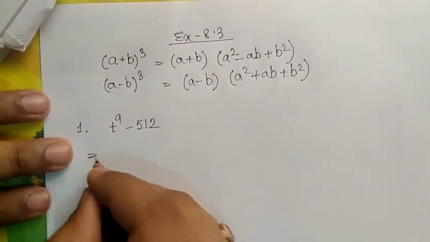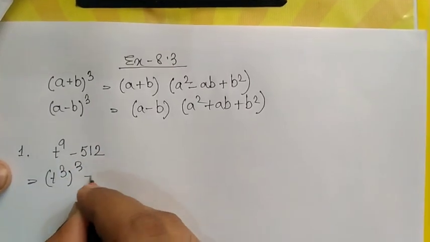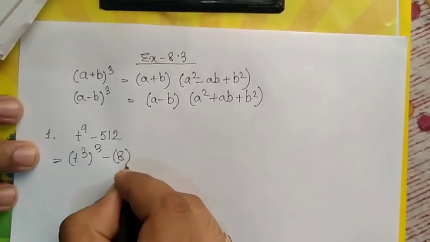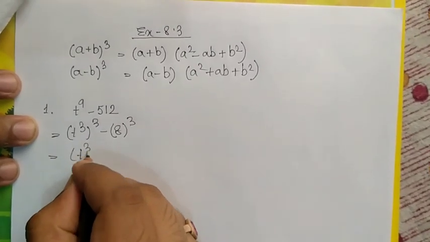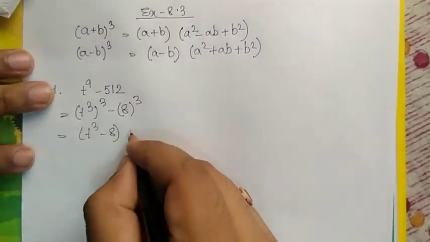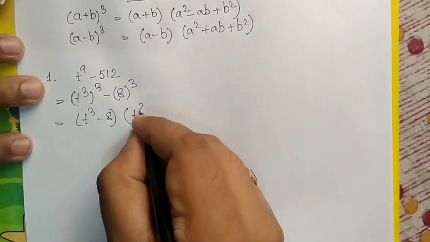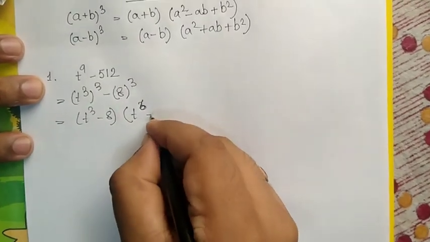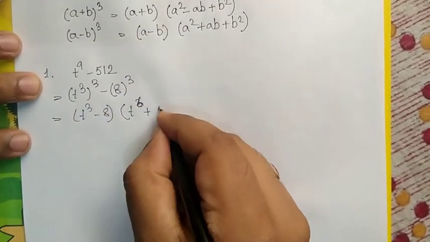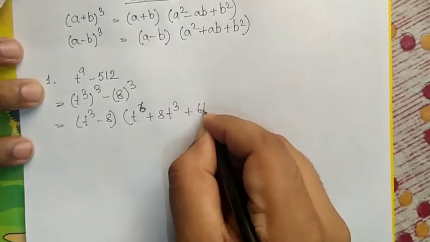Now, t cube whole cube minus 8 whole cube, a minus b, a square plus a into b plus b square.